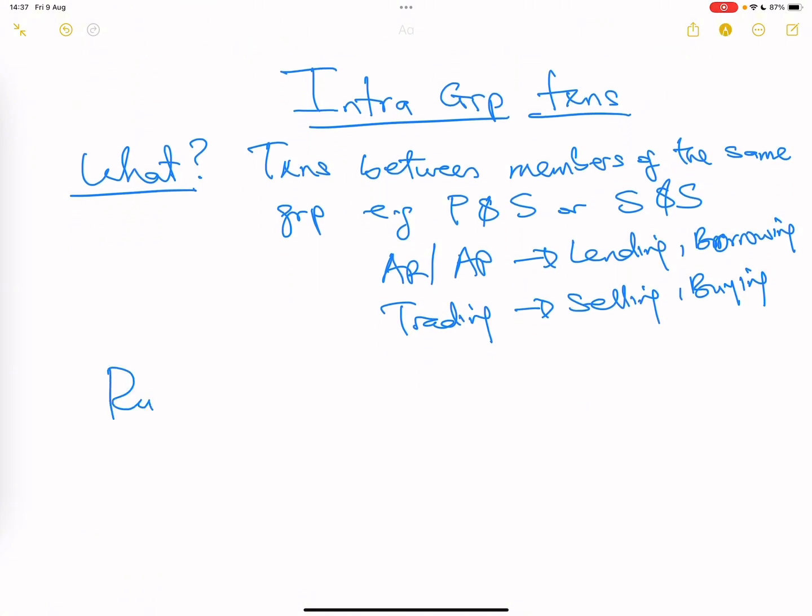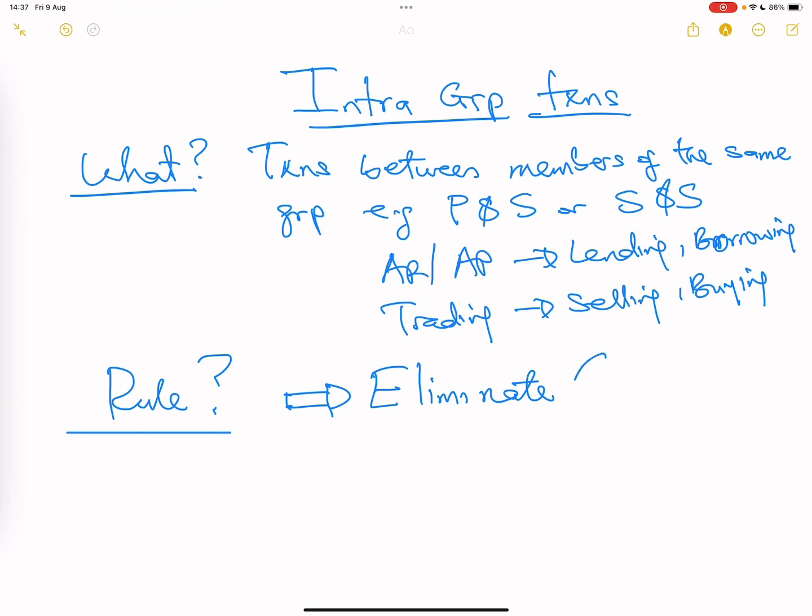But it's not just knowing what it is that is important. The most important thing is knowing the rule. So in consolidation, what is the rule when you identify an intra-company transaction? The rule is very straight and direct, and you must obey the rule. The rule is just saying that eliminate it. So what are you eliminating?